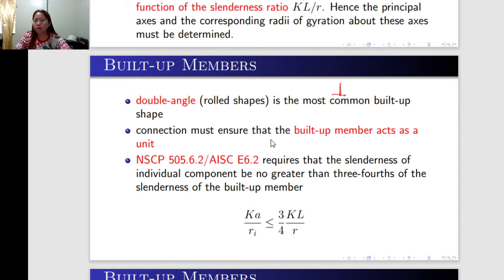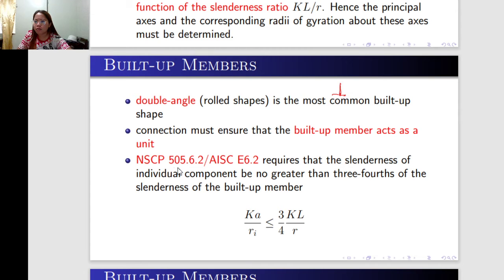The connection must ensure that the built-up member acts as a unit. So the connection of this double angle should make it act as a team, or unit. NSCP 505.6.2 or AISC E6.2 requires that the slenderness of an individual component be no greater than 3/4 of the slenderness of the built-up member.